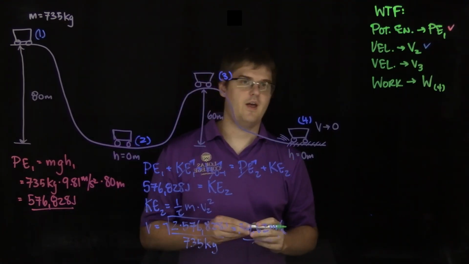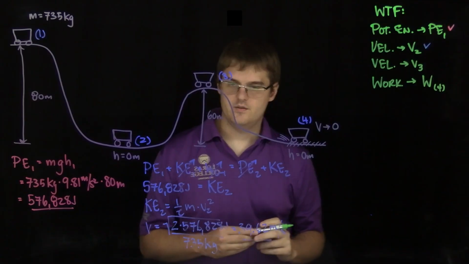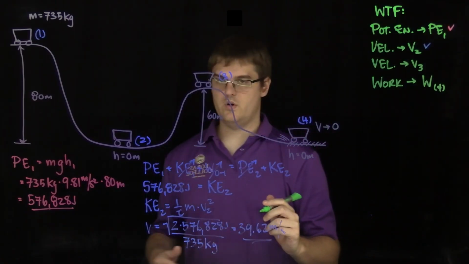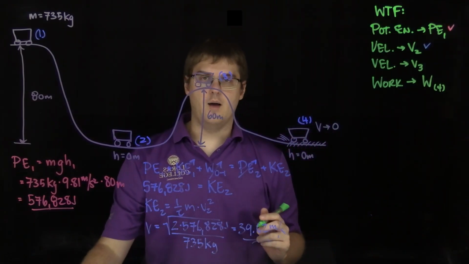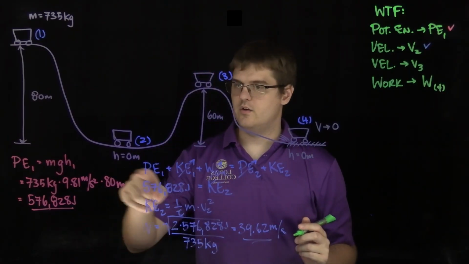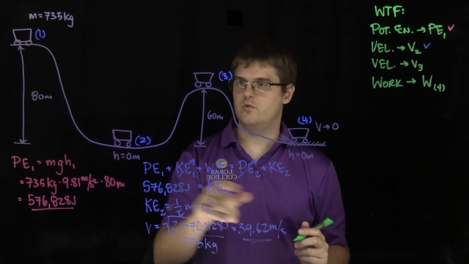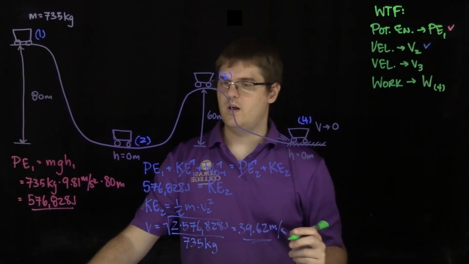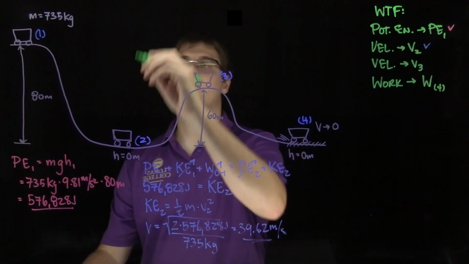Now let's look at state 3. So I lose face space on the board. In this case, I'm going to, again, start with my energy equation. I can use 1 for the start, or I can use 2 for the start. I will go ahead and use 2 for the start.